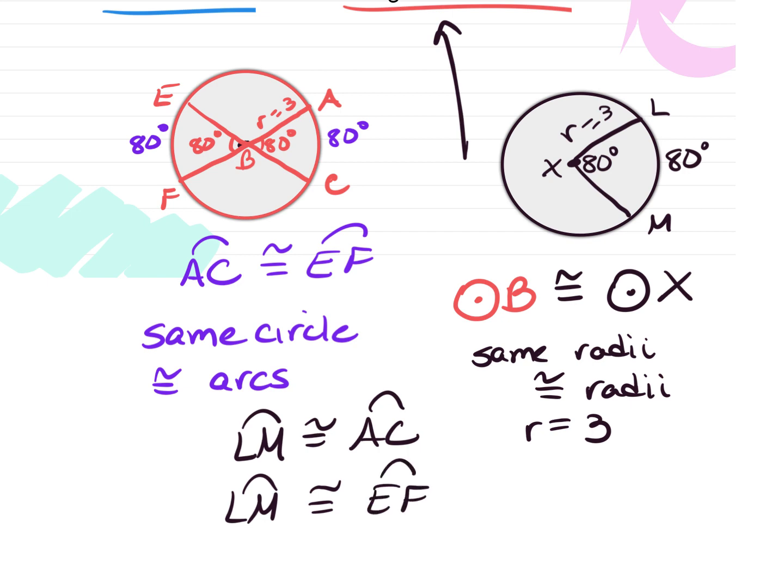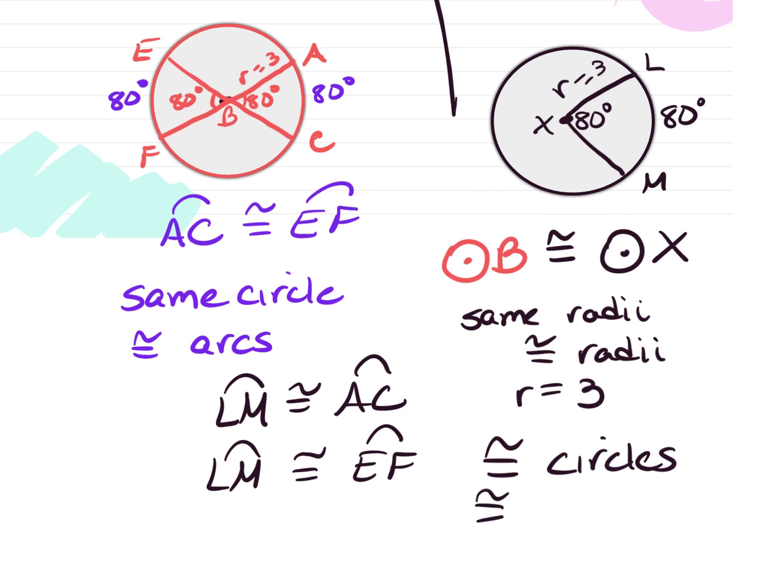Because they're from congruent circles, so we have congruent circles and congruent arcs. So because they're from congruent circles and their arc measures are the same, I could state that those arc measures are congruent.